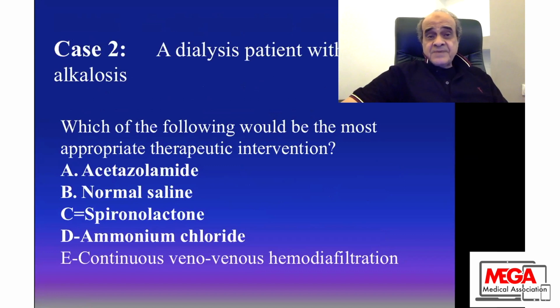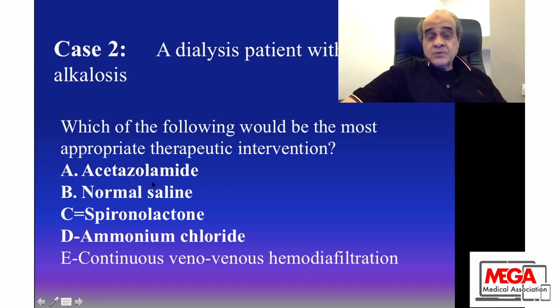A dialysis patient with metabolic alkalosis, which of the following would be the most appropriate therapeutic intervention? Acetazolamide, normal saline, spironolactone, ammonium chloride, or continuous venous hemofiltration? Really, all these items could be optimum in some patients, but the patient here has renal failure, so I can't use acetazolamide or diuretics.